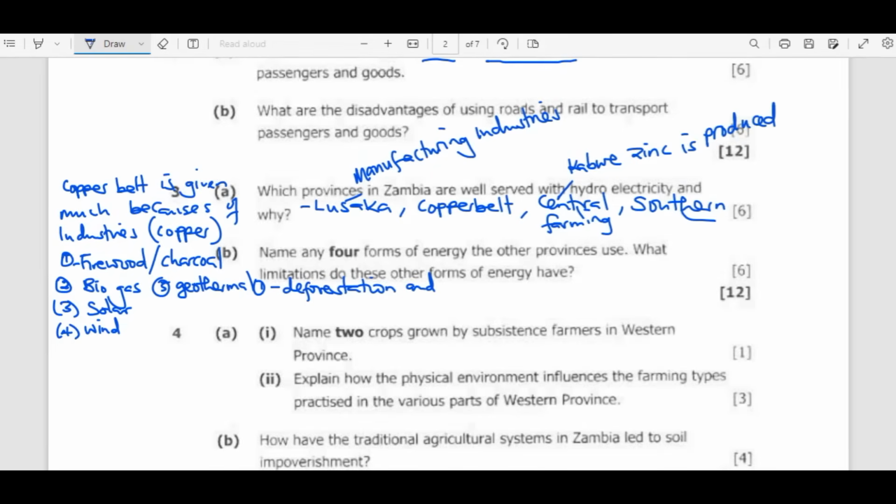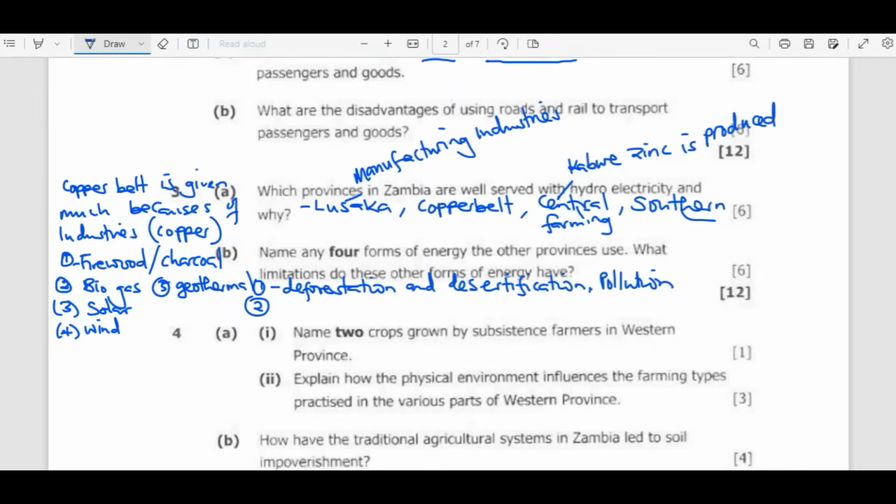desertification. So desertification, this is where an area becomes a desert because it is bare. So desertification is also a limitation. And then apart from that, by burning, meaning that also pollution is what is being produced. So pollution is also a factor. And then let us move to the second one, which is biogas.